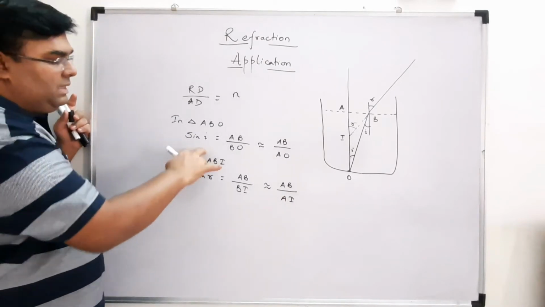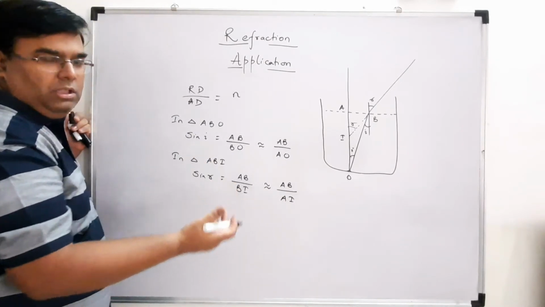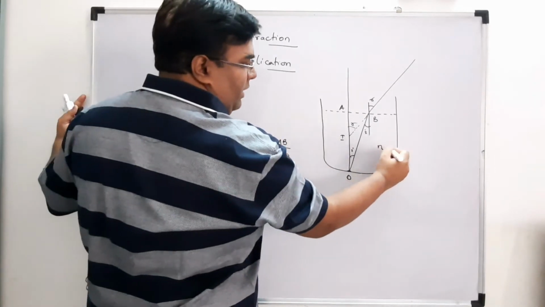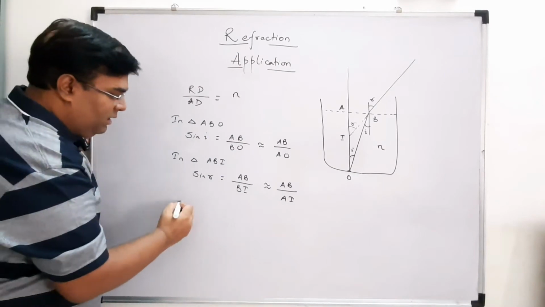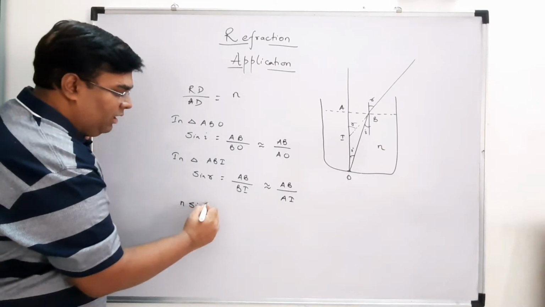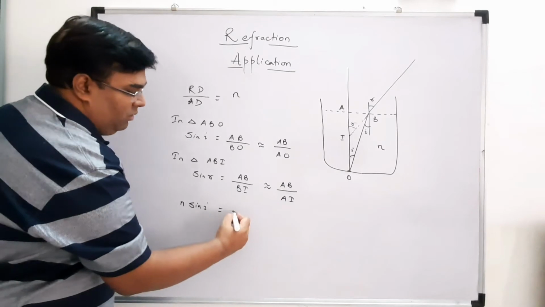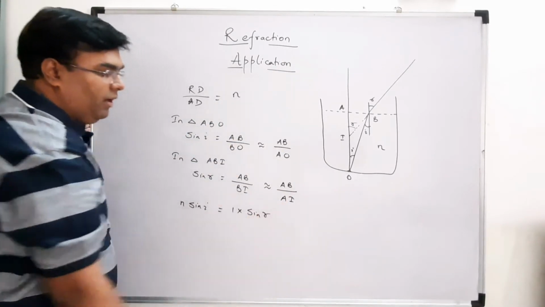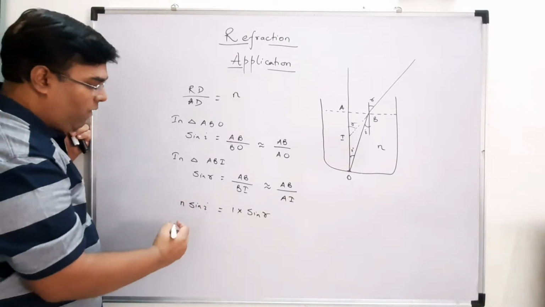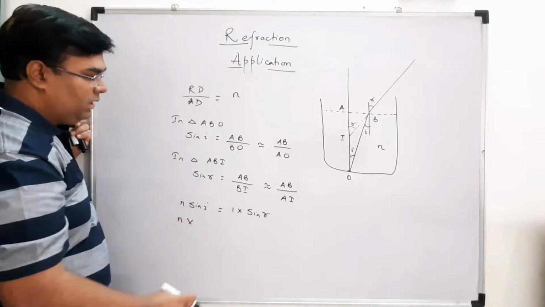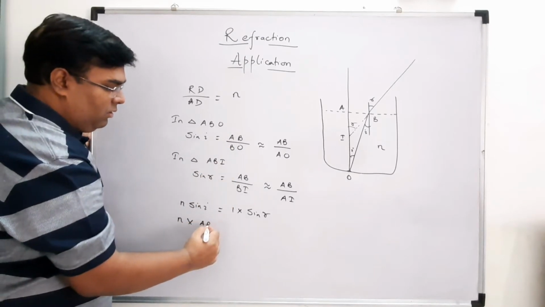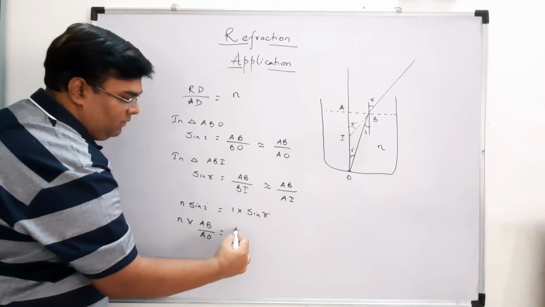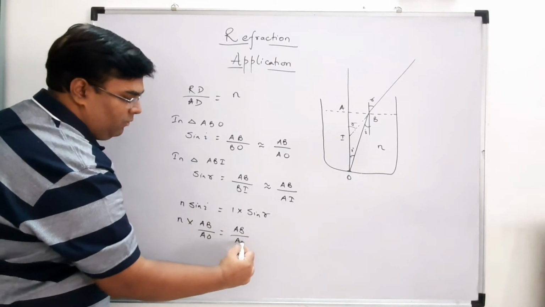Now, applying Snell's law, if n is the refractive index of this medium, we can write n sin I is equal to 1 into sin r, correct? And then sin I is AB upon AO, and sin r is AB upon AI.